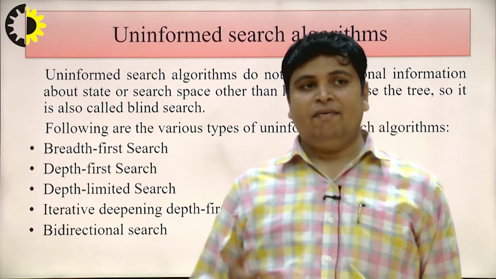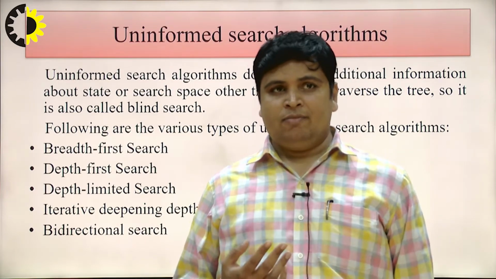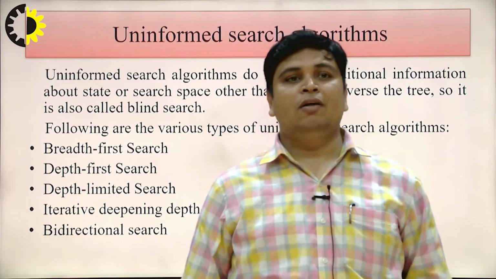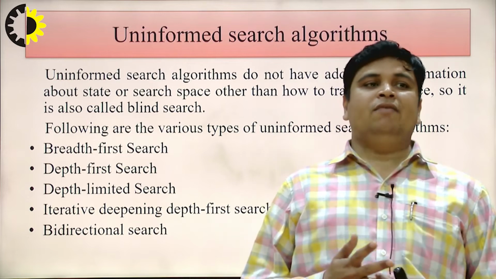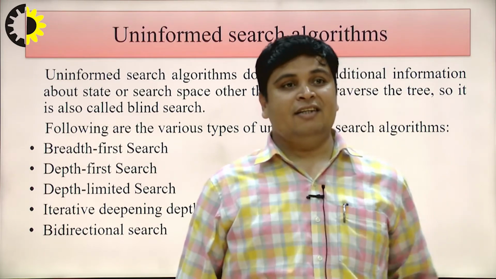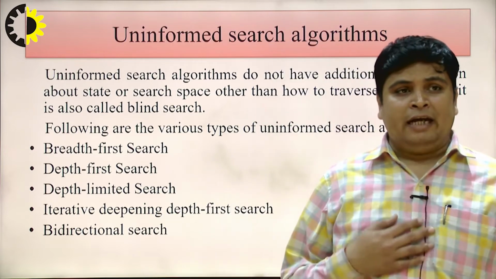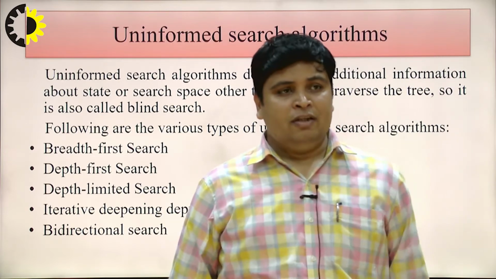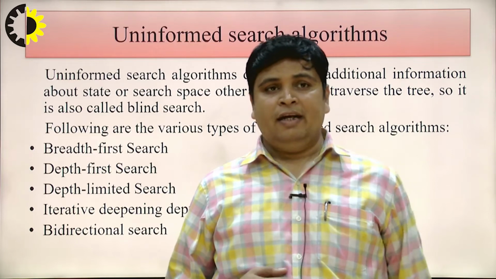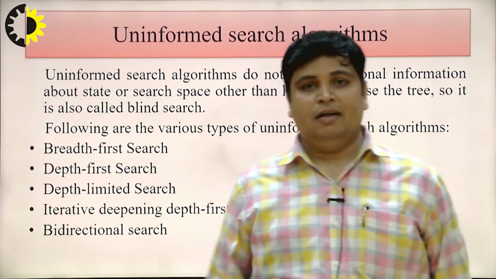The second name of uninformed search is blind search because they do not have additional information about states and search space. There are the following types of uninformed search algorithms available in AI. We will study them one by one.